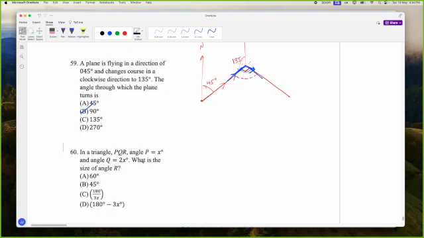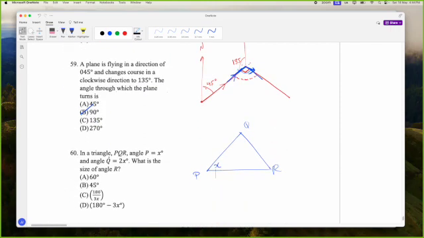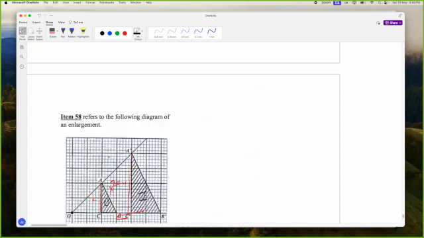In a triangle PQR, P is X degrees and angle Q, and this is another new one. These last three here are brand new questions that I've never seen before.